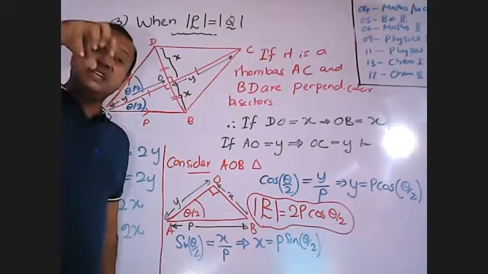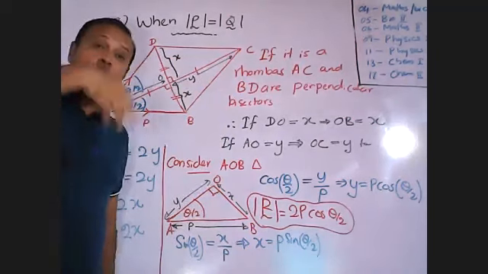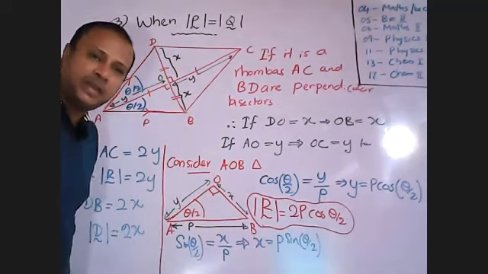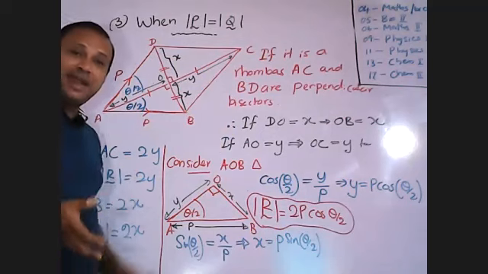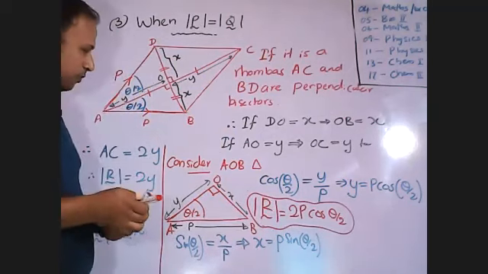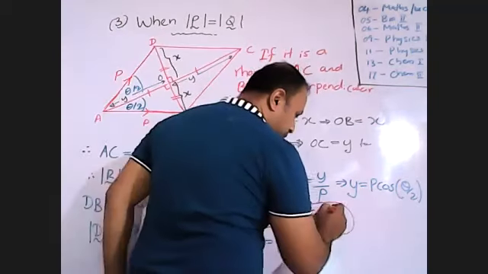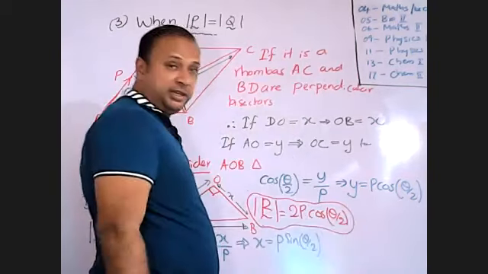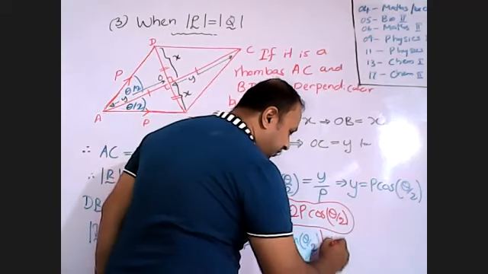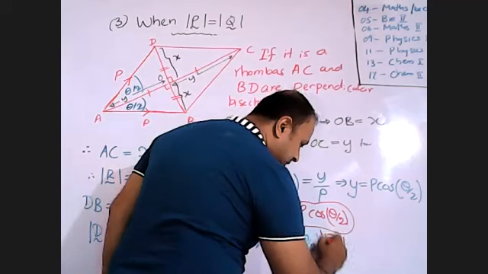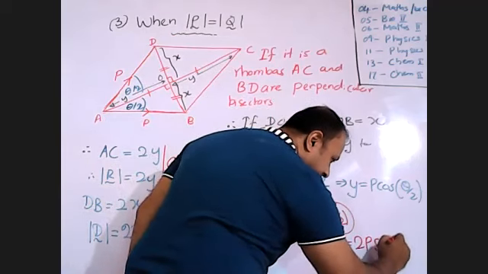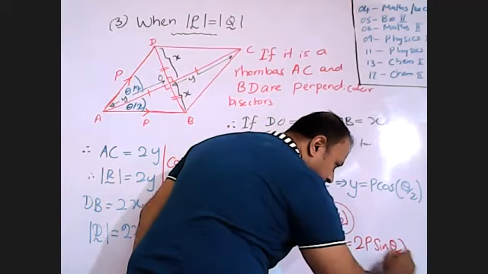That means the difference is equal to 2 times X, so the magnitude of the difference is 2P sin theta over 2. Please put a bracket here, otherwise you will be confused.